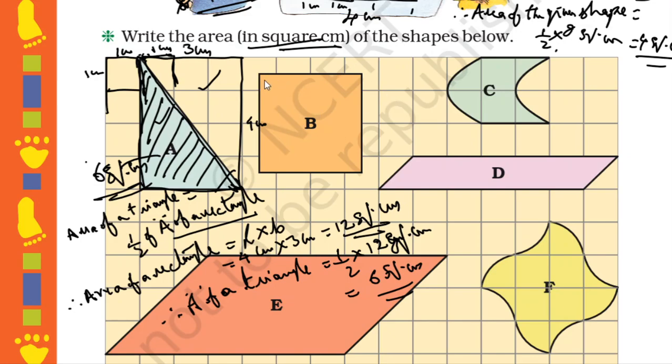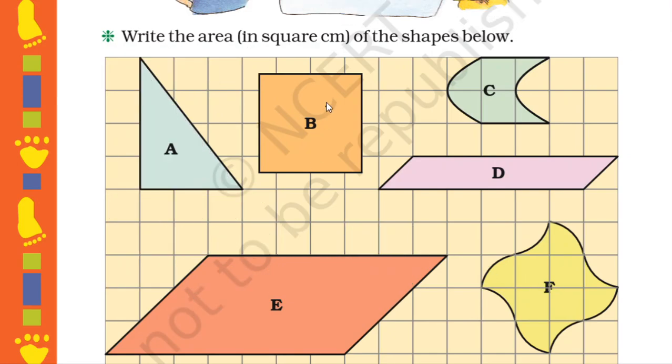Let us consider this one. What is the shape of this one? Yes, this is a square. How to find the area of this one?